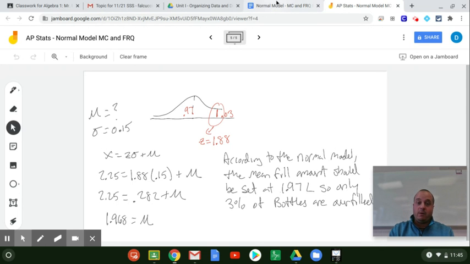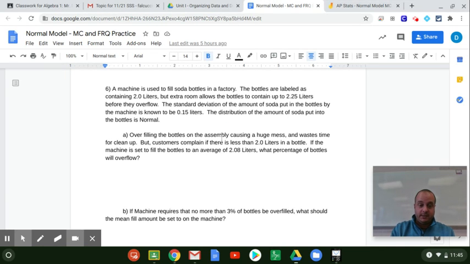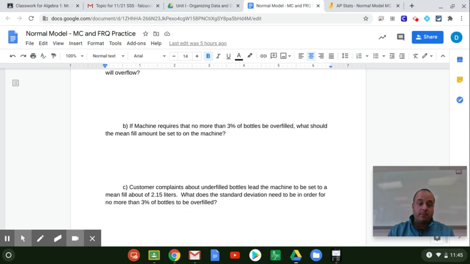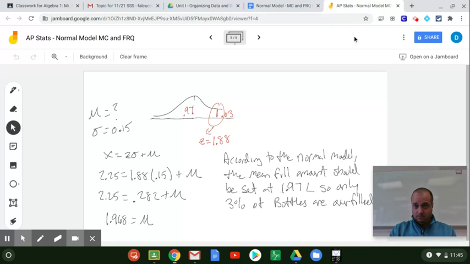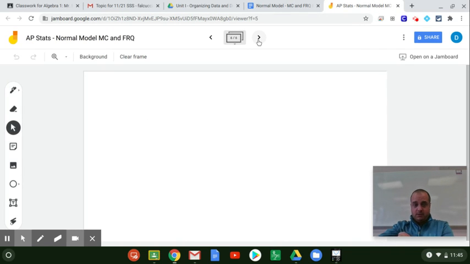All right, so now if we continue on to part C, it says customer complaints about underfilled bottles lead the machine to be set to a mean fill of about 2.15 liters. What does the standard deviation need to be in order for no more than 3% of bottles to be overfilled? So now if we go to this one right here, I know that my mean is 2.15.